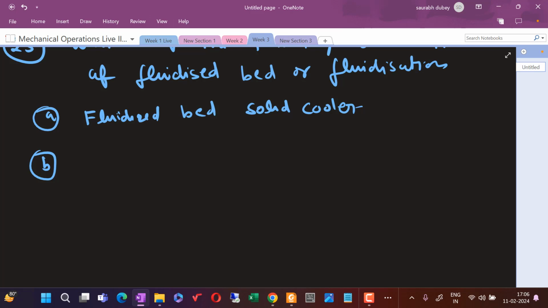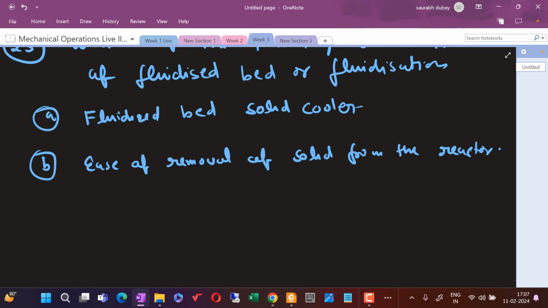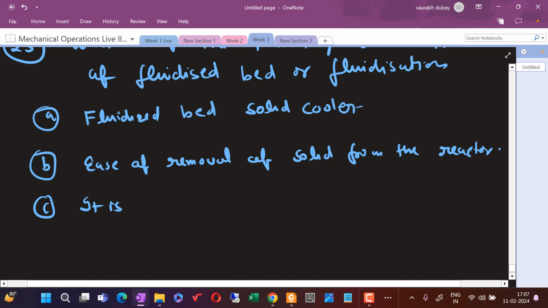Whether it is correct or not, this is used in the chemical process industry, and ease of removal of solid from the reactor. Whether it is correct, it is used in chemical process.